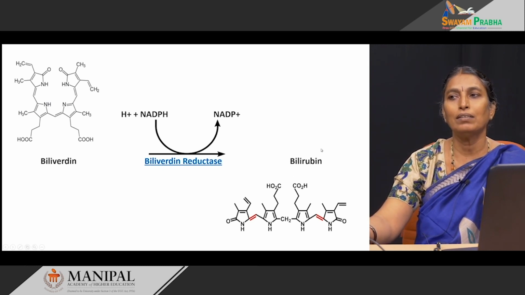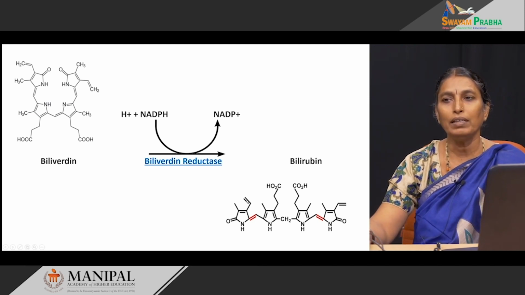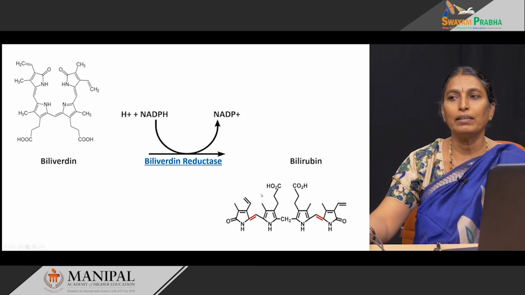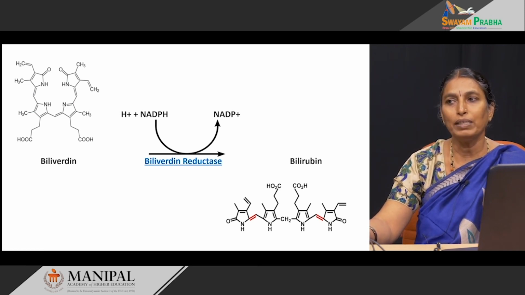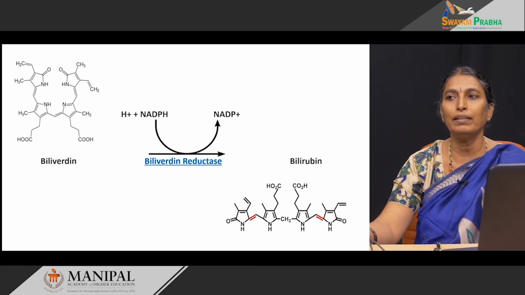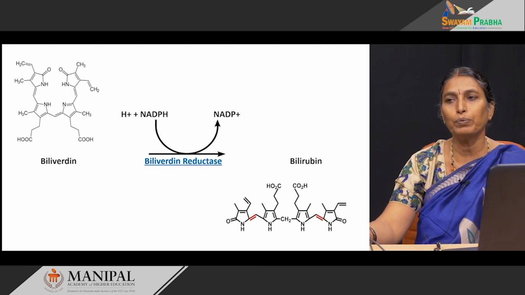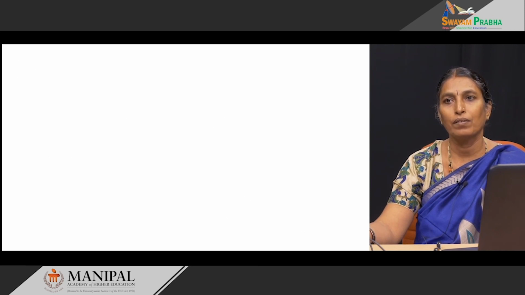Since bilirubin is water insoluble, it is toxic to our body, and it has to be made more water soluble and excreted. This process takes place in the liver, but from the site of formation it has to be taken to the liver by binding to albumin or any protein. When lipophilic compounds are bound to protein, they become more water soluble.